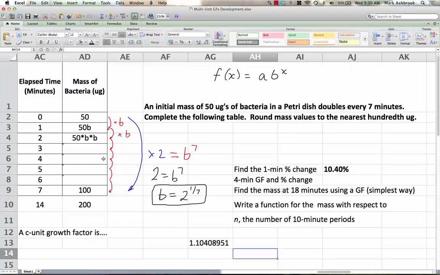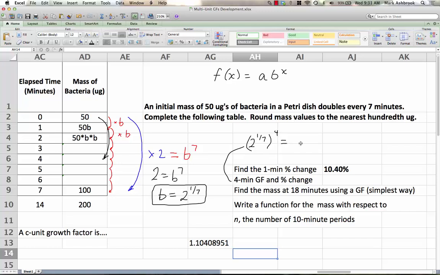1, 2, 3, 4. We need this growth factor now. If every minute you multiply by b, then what do you multiply every 4 minutes? It's going to be that value of b to the fourth, right? You're going to multiply by that b 4 times, which is 2 to the 1/7 to the fourth. So there are many ways. Lots of you had valid ways.